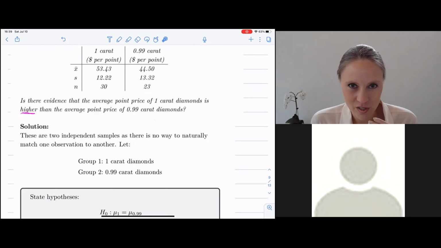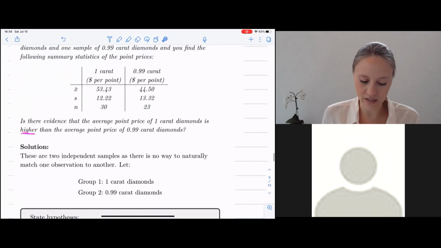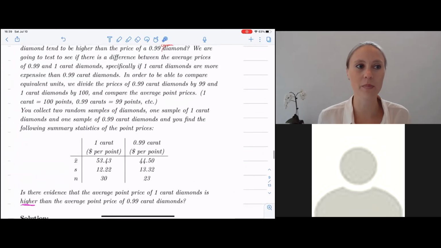But you just got to take it slow and be careful, and it'll all just kind of fall into place. So first thing we need to do, because remember, especially on the final exam, you're going to be reading all these different types of questions and you have to figure out what type of question this is.